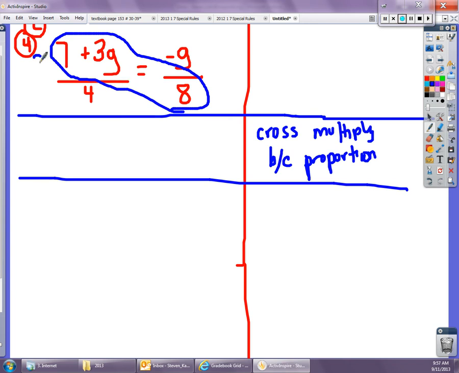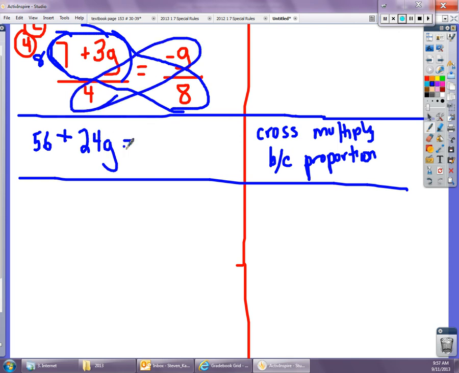I'm going to put the 8 on the outside and distribute the 8 through. You're left with 56 plus 24g. And then I'm going to set that equal to the other cross multiple, which is 4 times negative 1g, which is negative 4g. And the rationale there is I cross multiplied because it's a proportion.